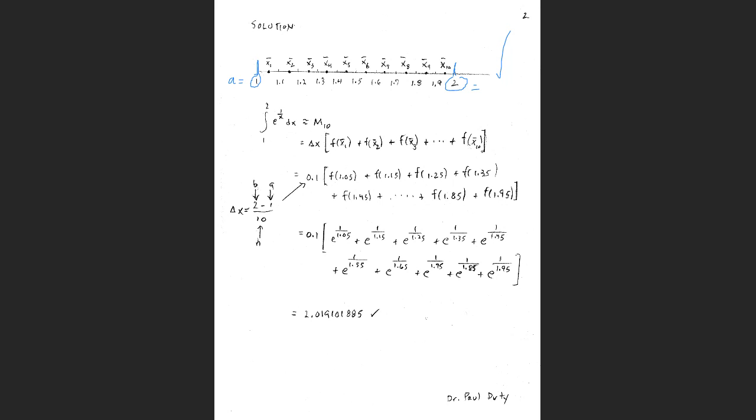This section 5.9 will not be on your first exam, but it will be on your second exam. So a equals 1, b equals 2.